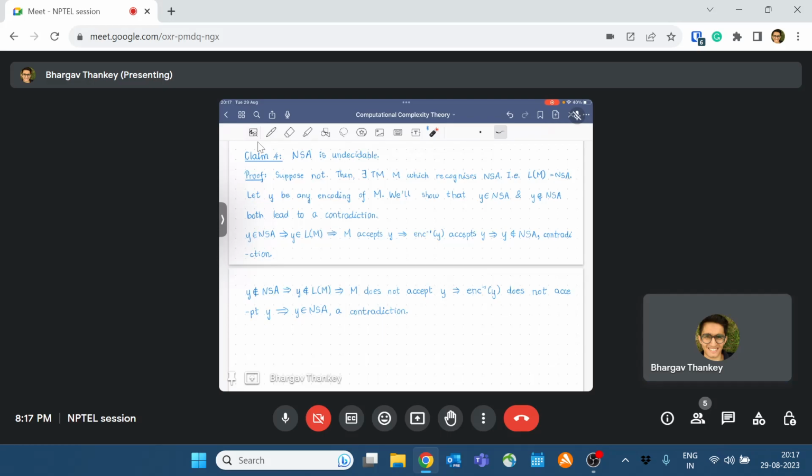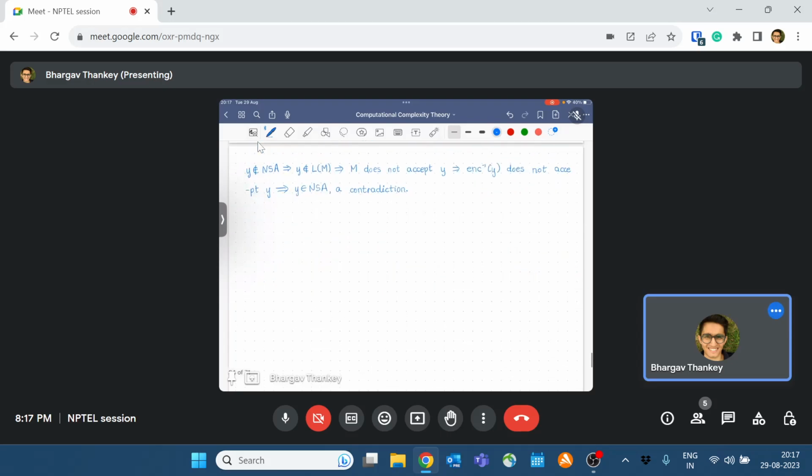We are way over time, but let me quickly tell you why this is also a diagonalization proof. I'll draw a similar table.